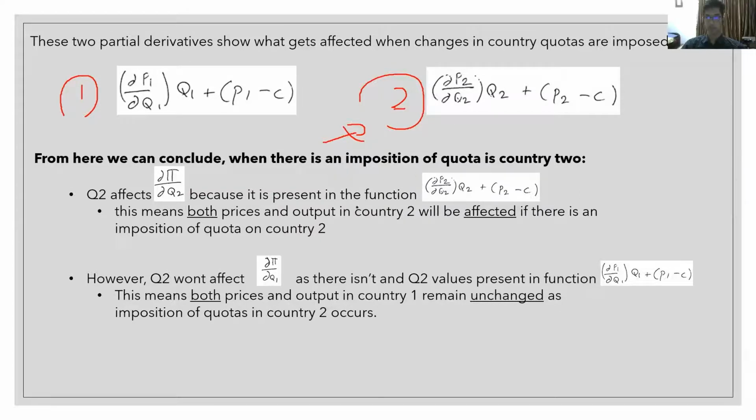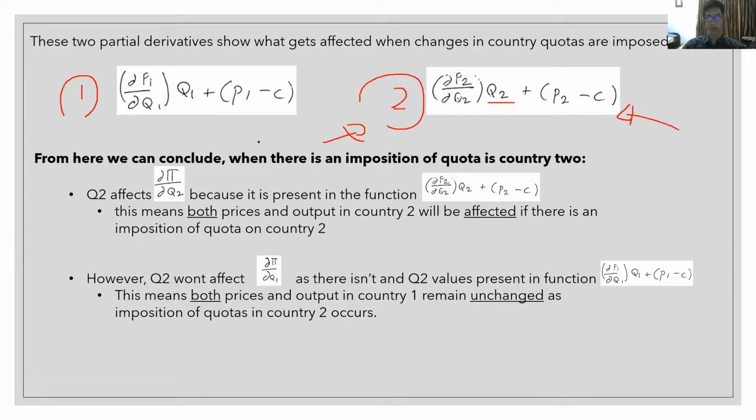This means that both prices and output in country 2 will be affected if there is an imposition of quota on country 2.